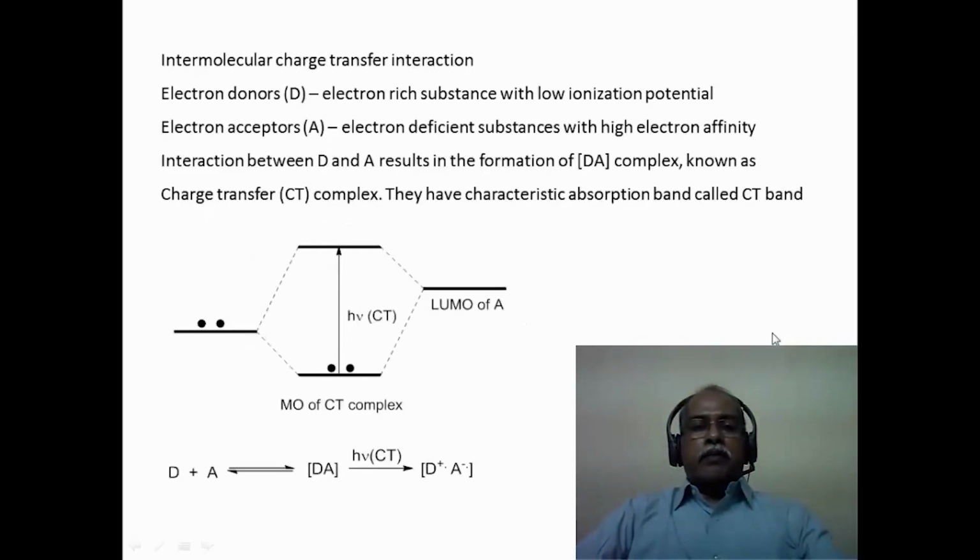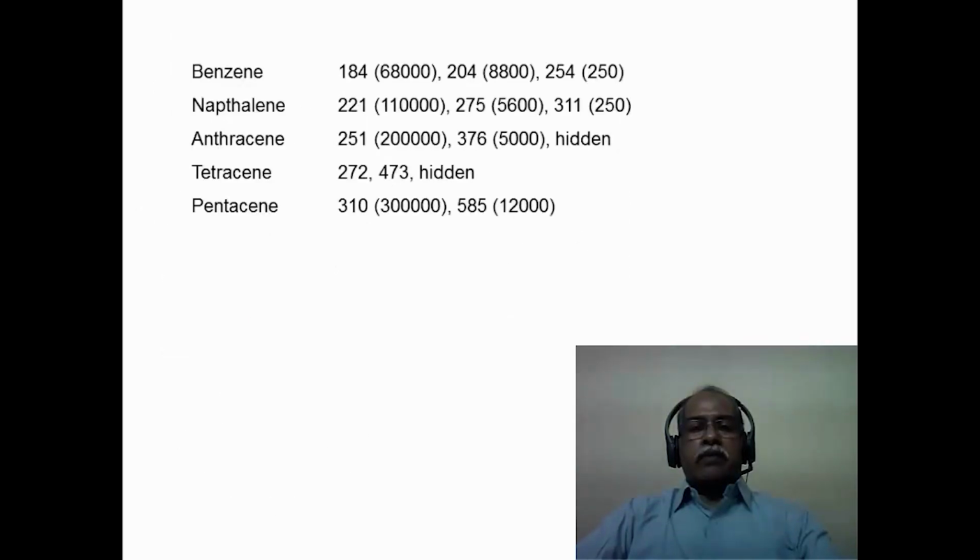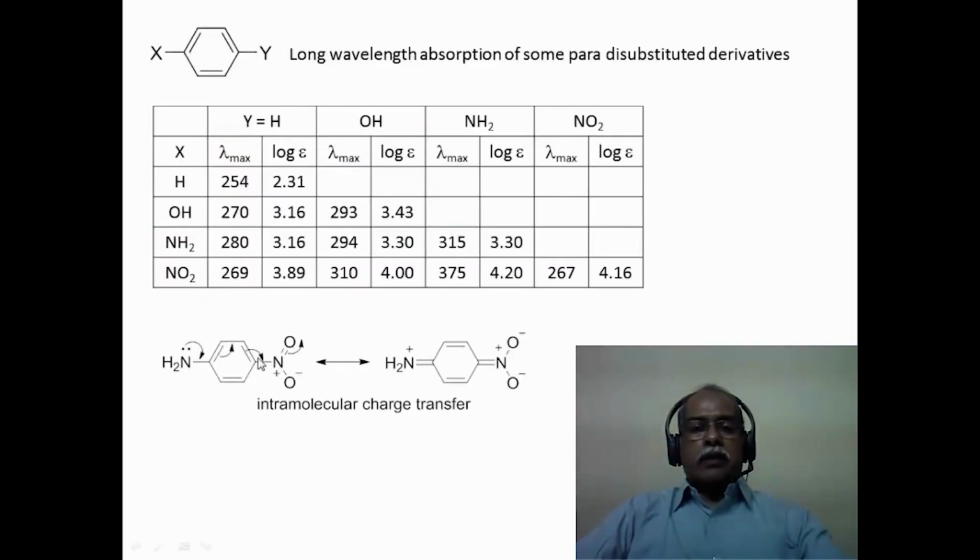Now, apart from the pi to pi star transition, one can also look for intermolecular charge transfer transition. Earlier we saw the example of intramolecular charge transfer. Here the charge transfer is essentially the electron hopping from one end of the molecule to the other end of the molecule. That is why it is called the intramolecular charge transfer transition.